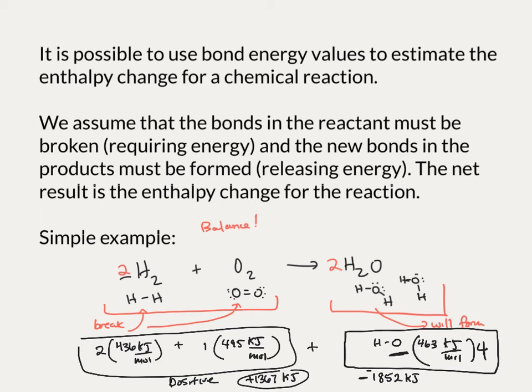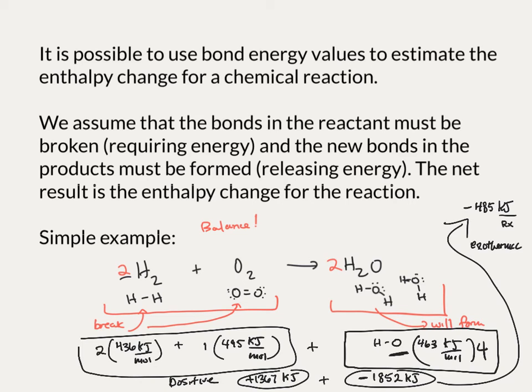And so the delta H for this process is the sum of these 2 numbers, negative 485 kilojoules per the reaction. And so the formation of water from its elements is an exothermic process. And you know this because the value is negative.